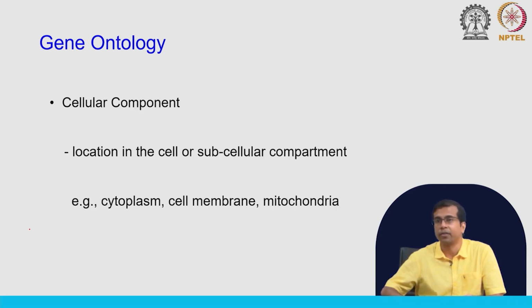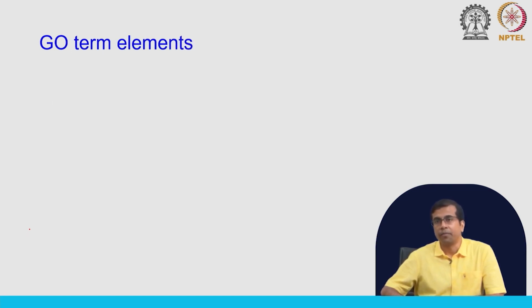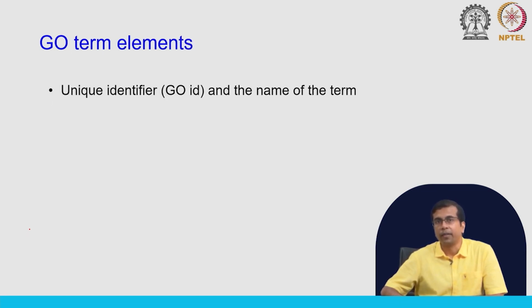So, this is actually associating each gene with its location in the cell or subcellular compartment, right. For example, a gene is located in cytoplasm or in cell membrane or mitochondria, this will be mentioned in this sub ontology. Okay. So, if you are looking at localization of genes, right, then you will probably look at the cellular component part. Okay. So, there are some GO term elements that will be present in the ontology.